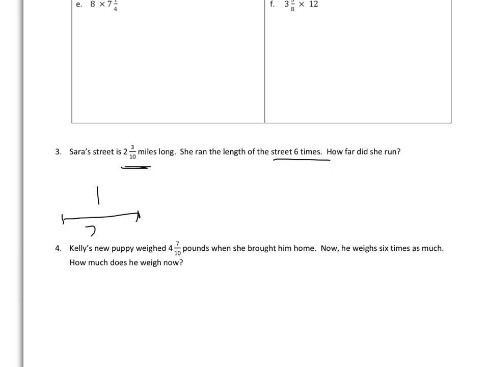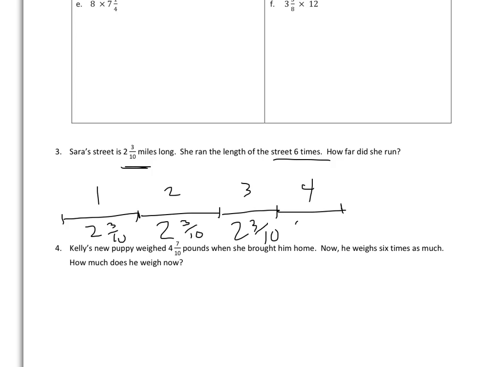she covered 2 3/10 mile. Her second time, she did the same, 2 3/10 mile. The third time too. So students are able to realize that they're repeatedly adding, or counting the same distance multiple times. It's important for students to see that these are real situations.